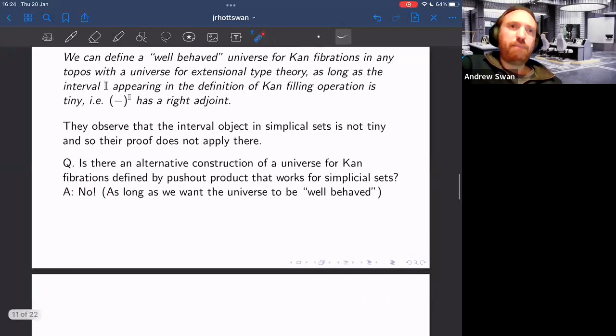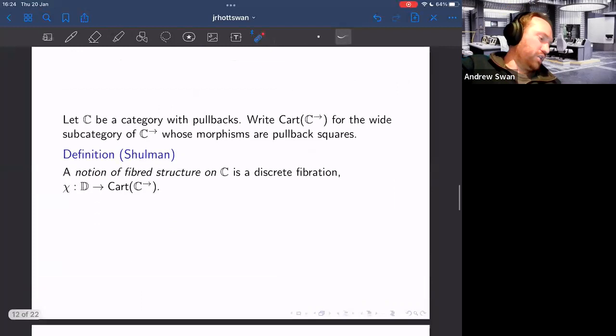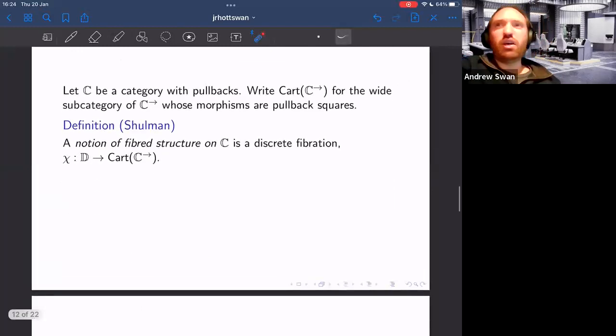I should go through this quite quickly now, so I'll just go over the main ideas. The first main idea is by Mike Shulman, who showed that this nice property of the universe is not really about universes at all.